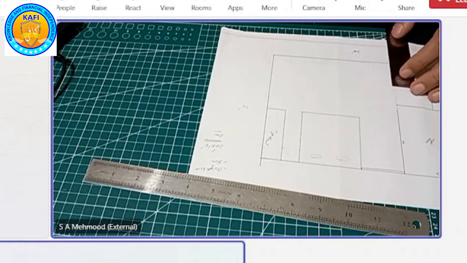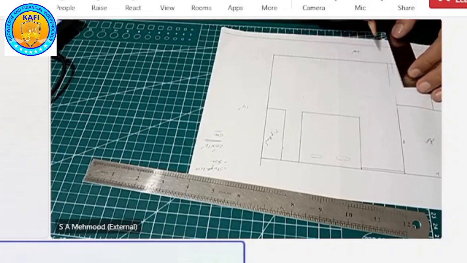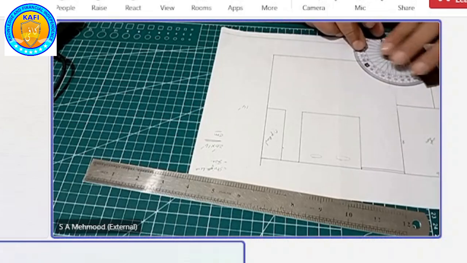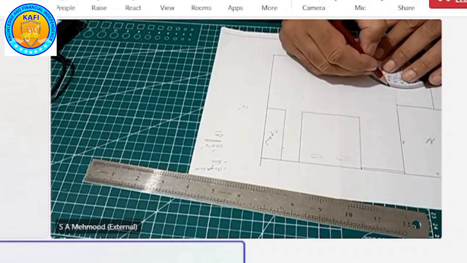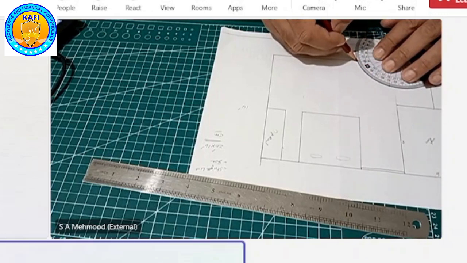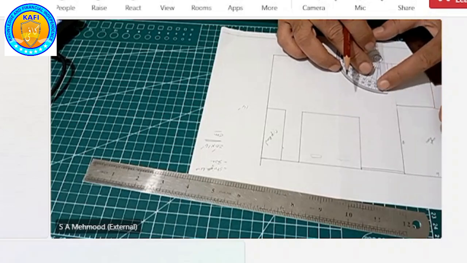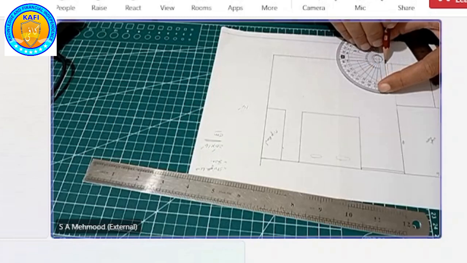On this way, sorry, because the door is going to open on this side. Okay, I can use a like this to make this is how the architects make a door.